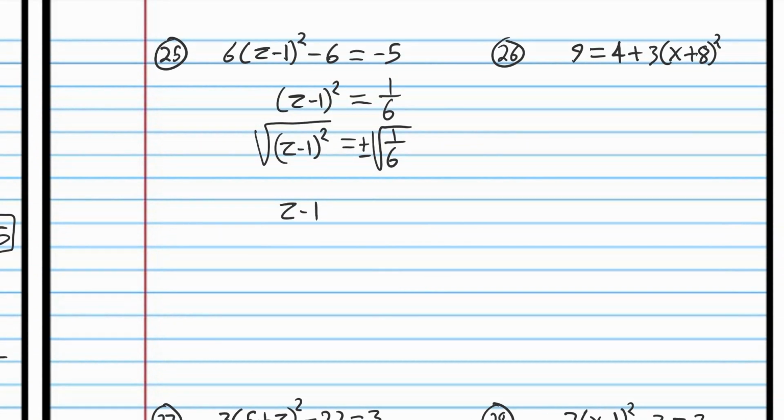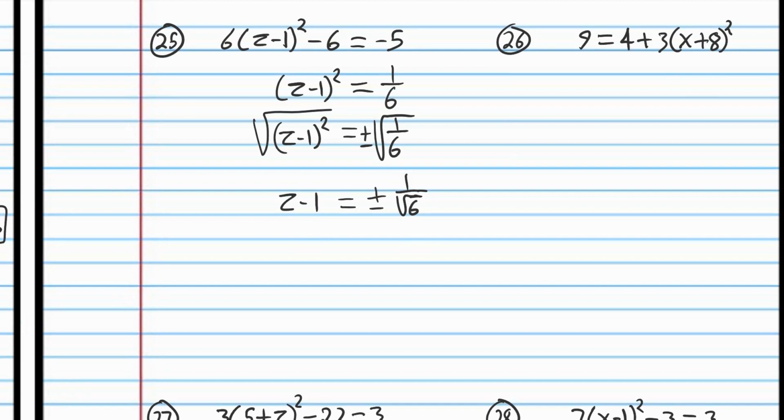And now we have z minus 1 is equal to plus or minus. I guess I have enough room here to go ahead and show you these steps. So that would end up being square root 1 over square root 6, which ends up being 1 over square root 6.